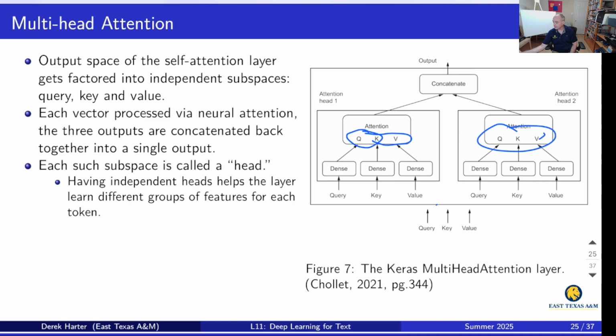If you do have more than one head, the results get concatenated back together, so you just have one output that comes from this multi-head layer. Okay, so don't get too hung up on the details. Overall, the main thing you should remember about the multi-head layer is it is implementing that neural attention mechanism in a way kind of like we described.